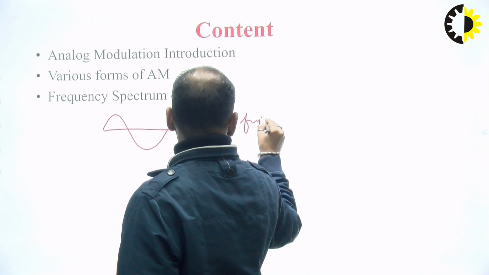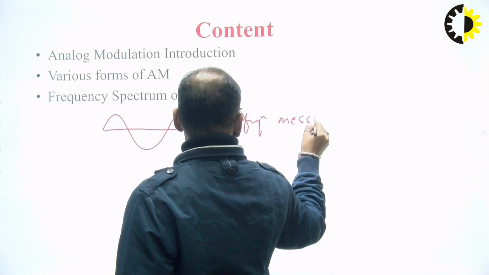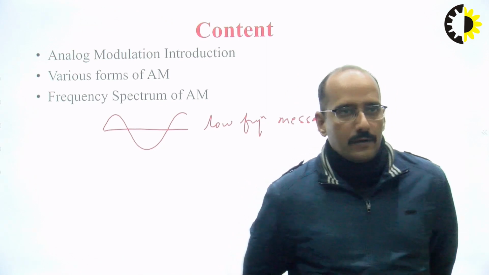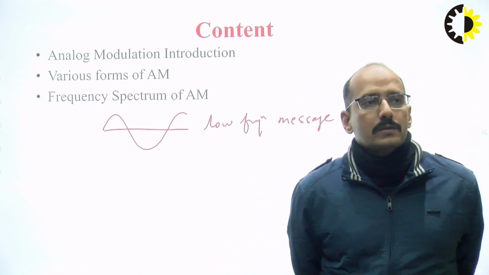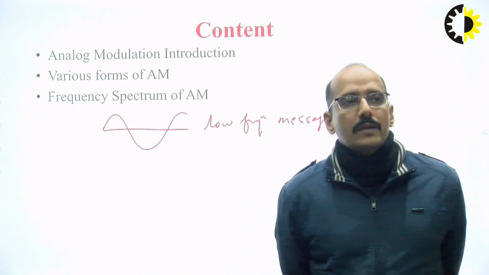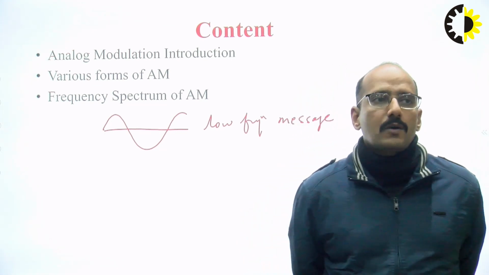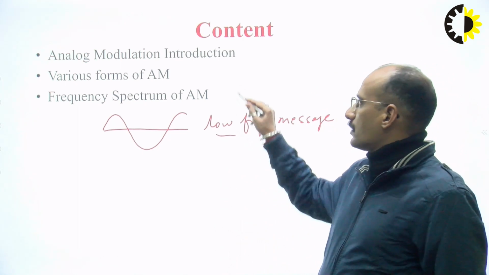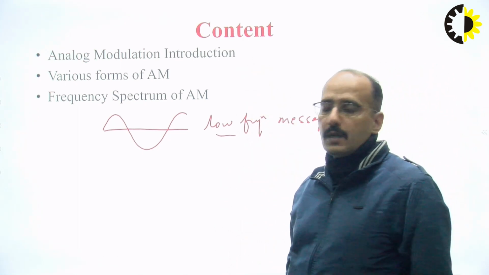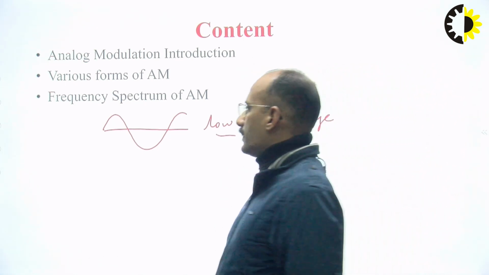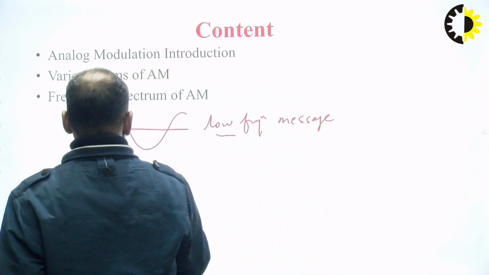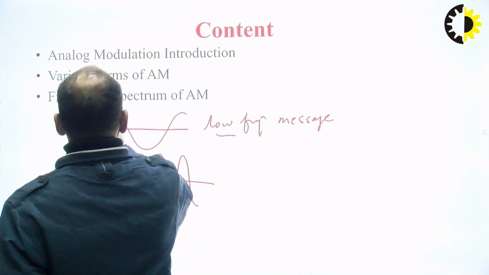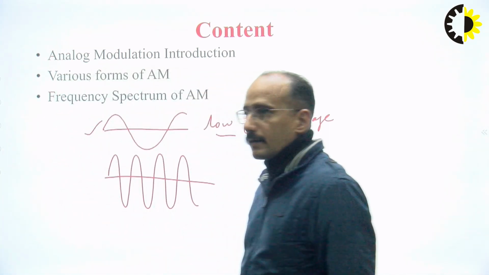message signal, and as you know, when the frequency of any signal is low, then the signal cannot travel a long distance because of its low power. To increase that power, this modulation concept is used, and in this concept we use a high frequency carrier signal to modulate this low frequency message signal.